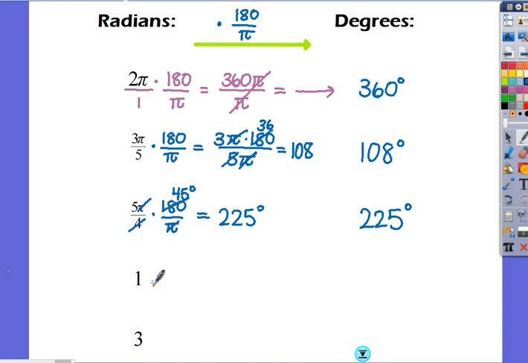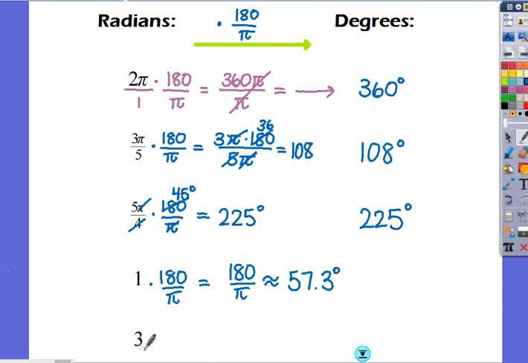We talked about 1 before. If you take it times 180 over pi, now this time the pi's don't cancel out. So you could write your answer like this, 180 divided by pi. That's how many degrees are in a radian. Or we could just reduce that. 180 divided by pi is approximately, remember seeing this number before? 57.3 degrees. 3 of those, 3 radians.